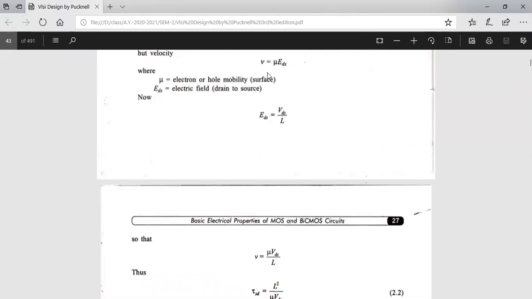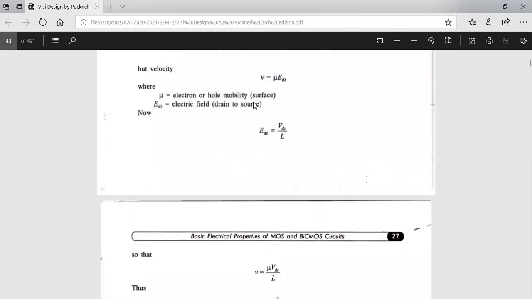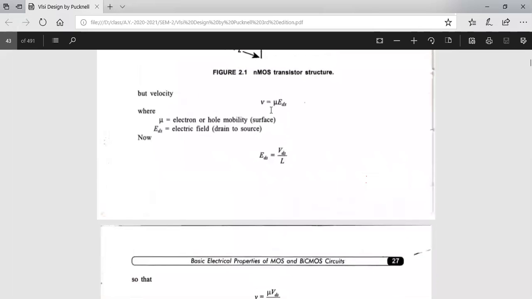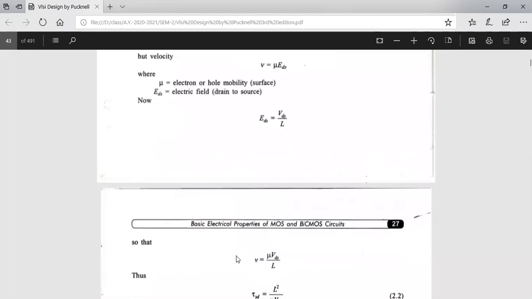Generally we are taking NMOS, so we are using the mobility of electron. So V is equal to mu into EDS. In place of EDS, I am writing VDS by L. So I got the velocity as mu into VDS by L.